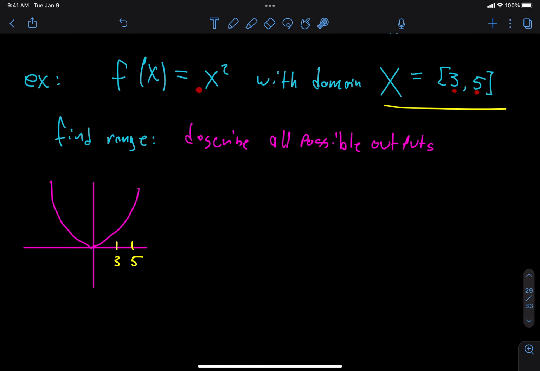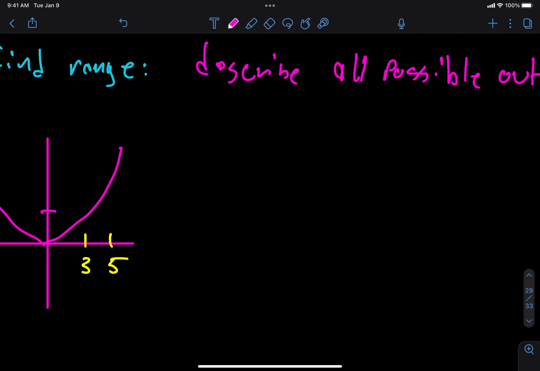Well, we're squaring that number, right? So the smallest possible number that I'm going to get is when I plug in the smallest possible number that I have in the domain. In that case, the smallest is going to be 3, so that's going to be, not 3, but 9, excuse me.